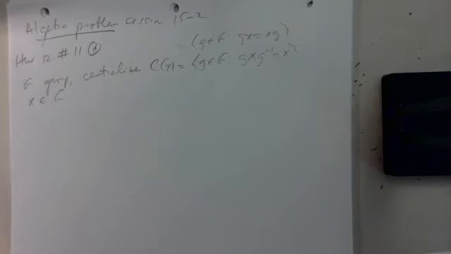And we want to show there is a one-to-one correspondence between the left cosets of the centralizer and the elements of the conjugacy class of X. So why is that?